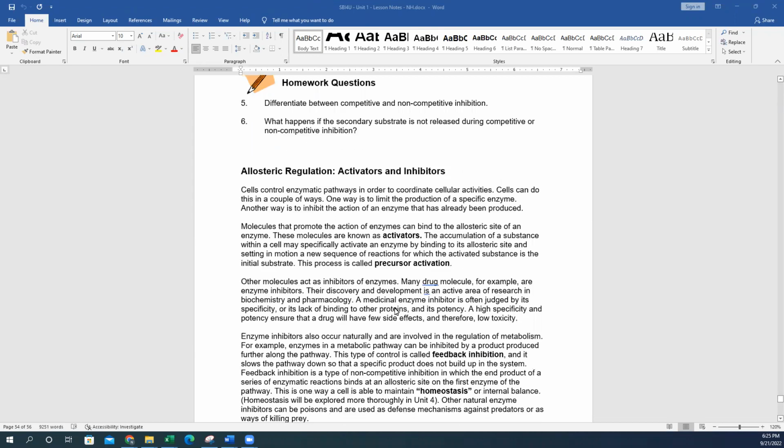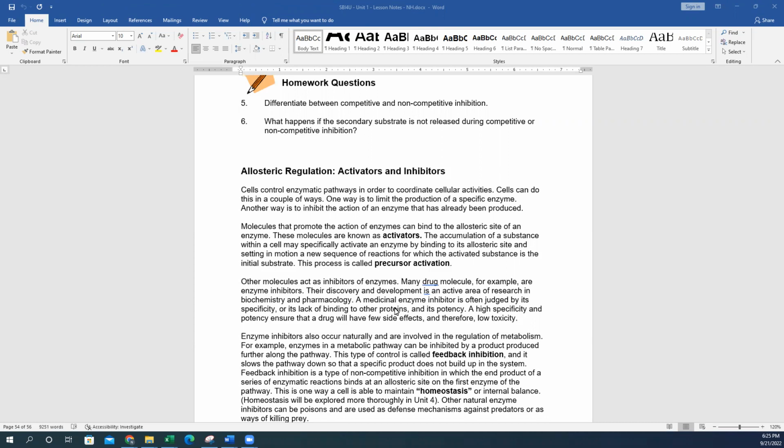Other molecules can act as inhibitors of the enzymes. So sometimes you have drug molecules. Many drug molecules, for example, are enzyme inhibitors. And actually, research and development in this area is quite active.